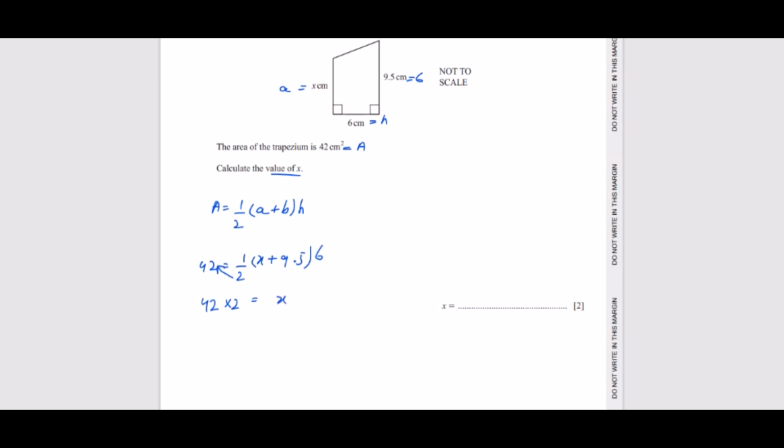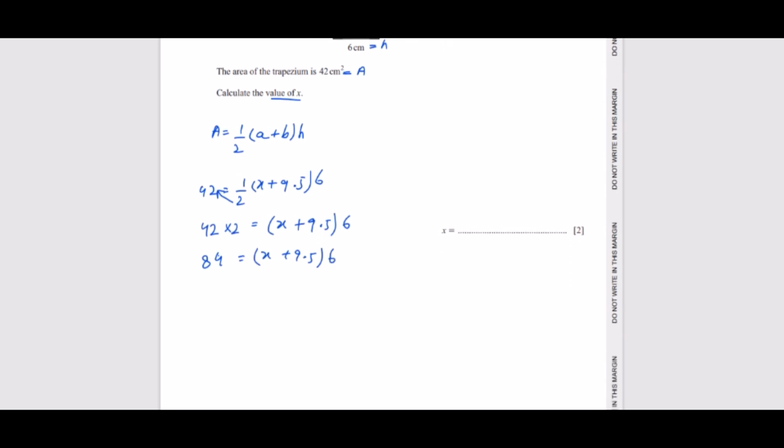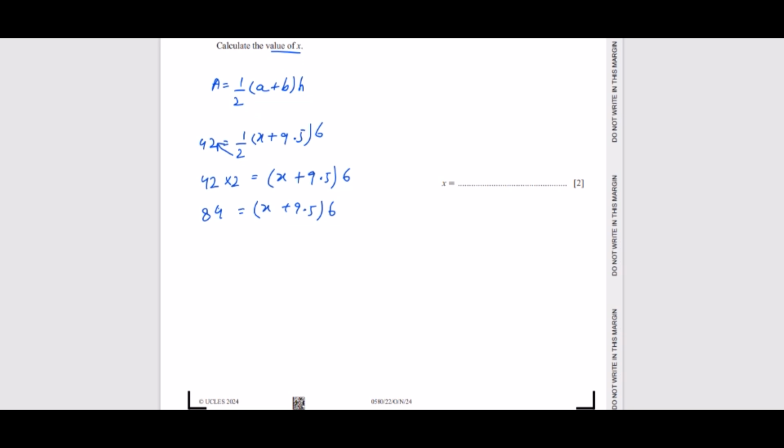Is equal to (x plus 9.5) into 6. So 42 multiplied by 2 is equal to 84, is equal to (x plus 9.5) into 6. Divided by 6, we get 84 divided by 6 is equal to x plus 9.5.